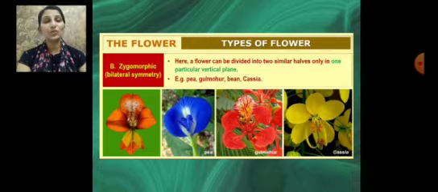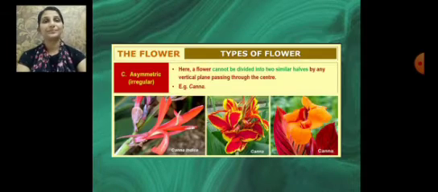In the case of zygomorphic, only a single plane, the vertical plane, can divide the flower into two equal halves. Such a flower is said to have a bilateral symmetry, and the flower is said to be zygomorphic. Examples are pea, gulmohar, cassia, beans. All these are zygomorphic flowers.